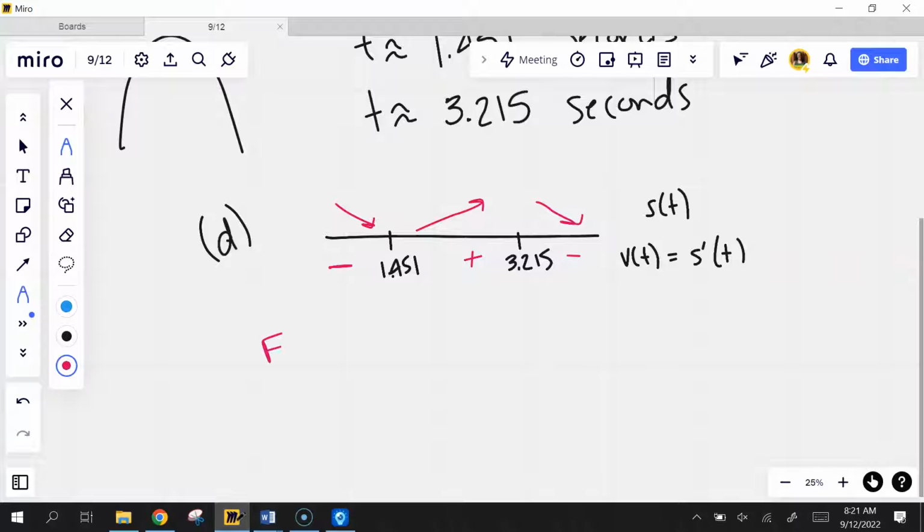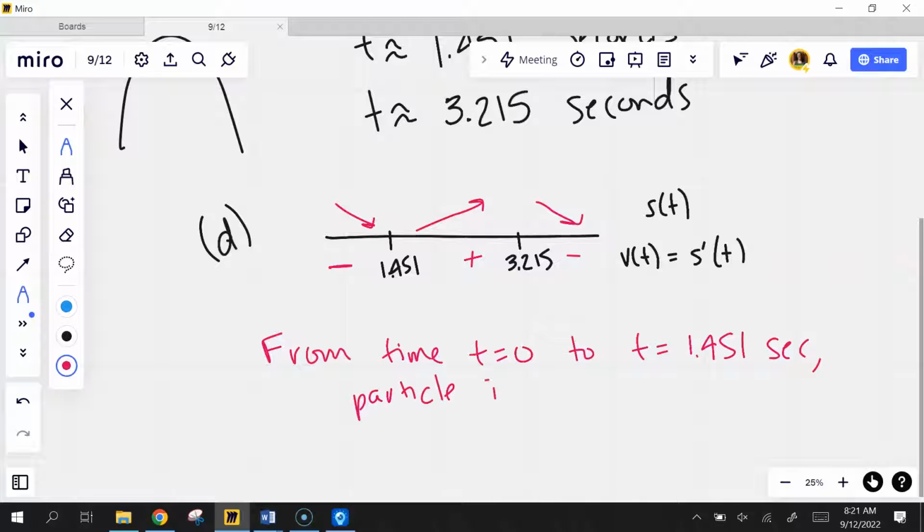So from time t equals 0 to t equals 1.451 seconds, the particle, if the function's increasing, which way is my particle moving?